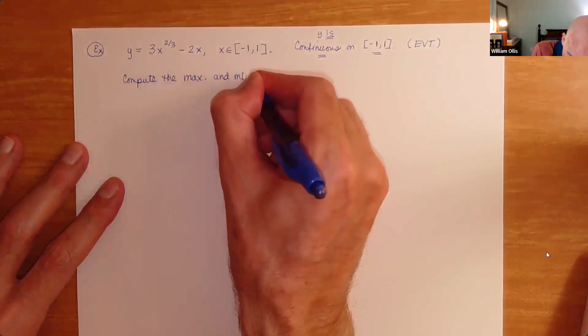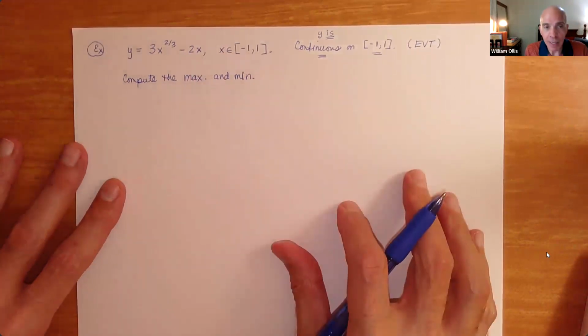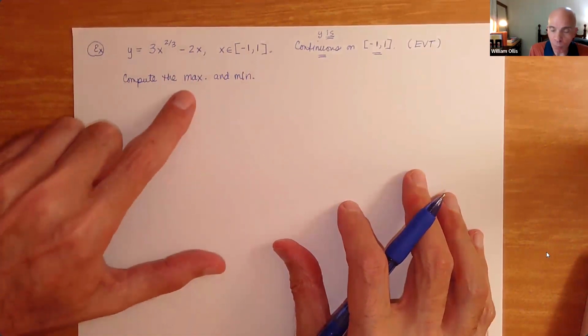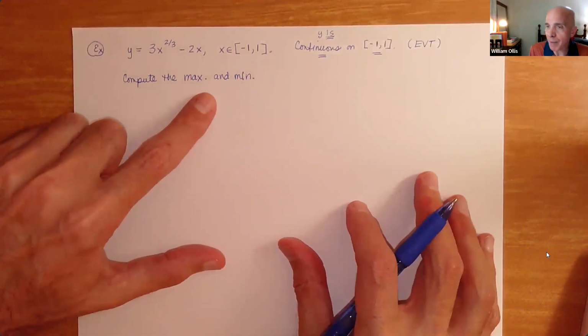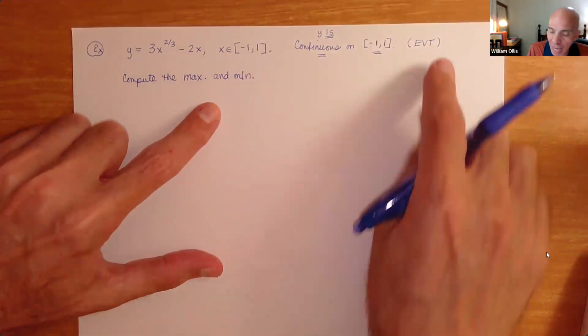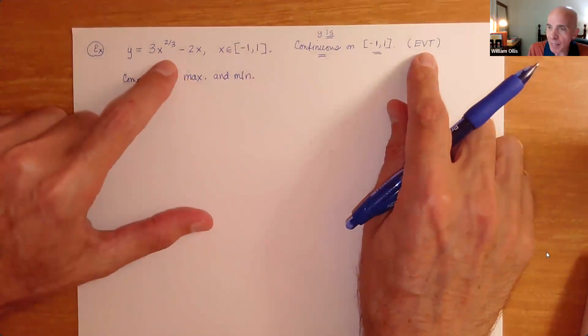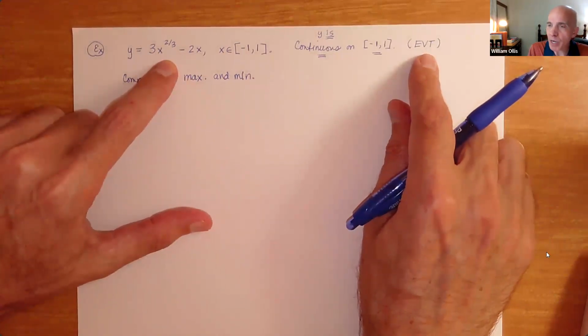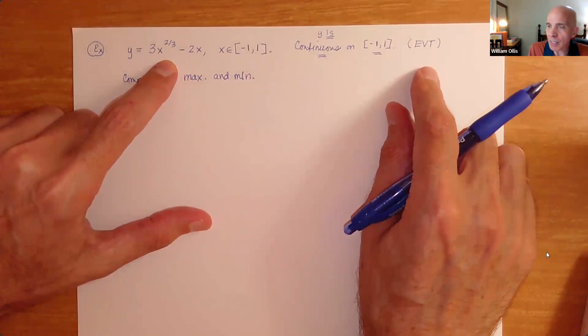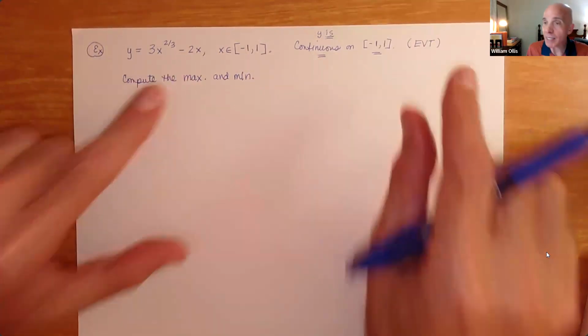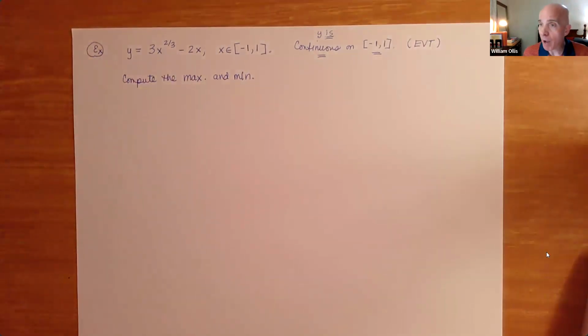Now, like I said before, it certainly may be the case that we have more than one occurrence of the max and the min, but we have EVT, so we know they exist. And so we don't have to go on a scavenger hunt and guess and check. We can now apply Fermat with this.